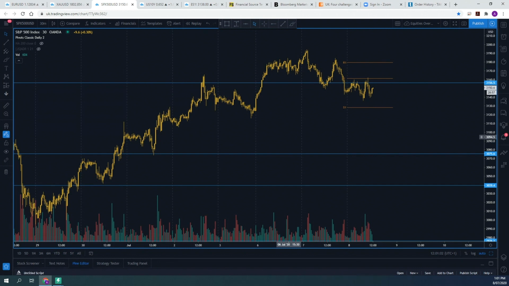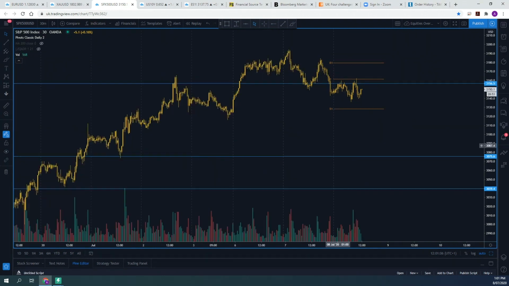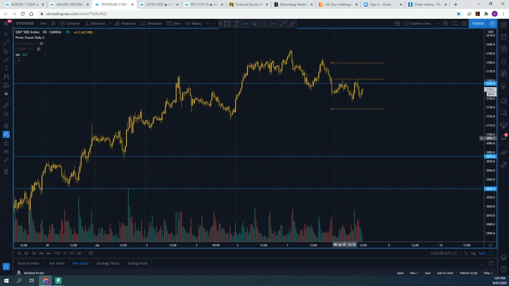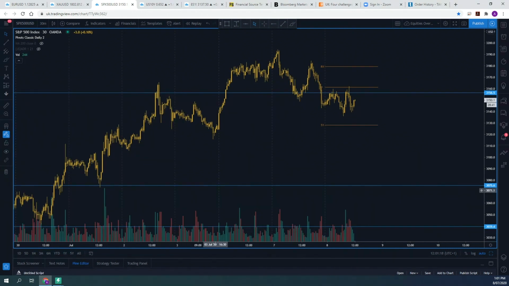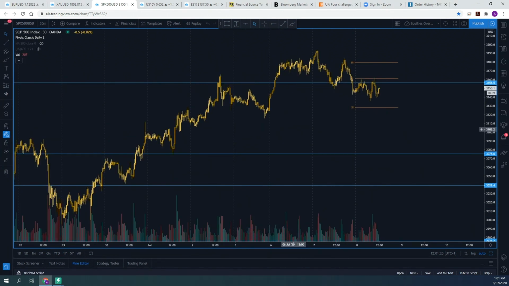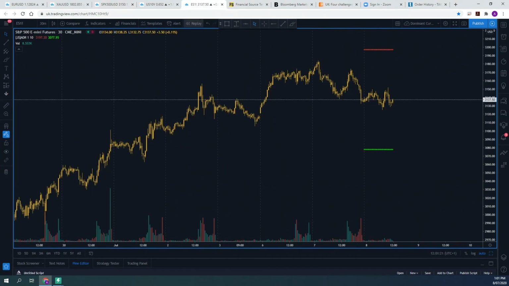Now, a quick example of the difference in how volume is shown for something like a CFD and a futures contract. This is Oanda's S&P 500, so it's their CFD, and you can see the volume is basically populated throughout the day, obviously fluctuating as the volume changes. But if you compare this to something like the S&P E-mini futures contract, you can see that the volume profile looks completely different.